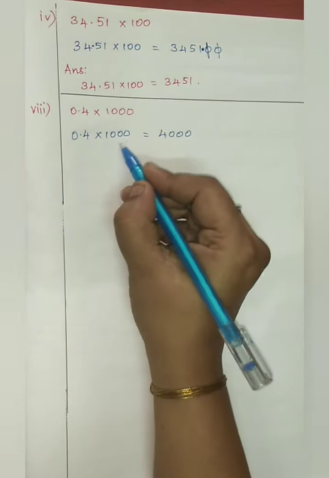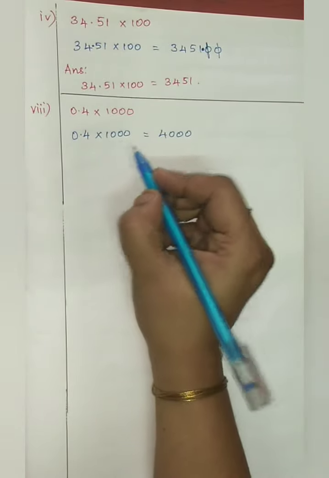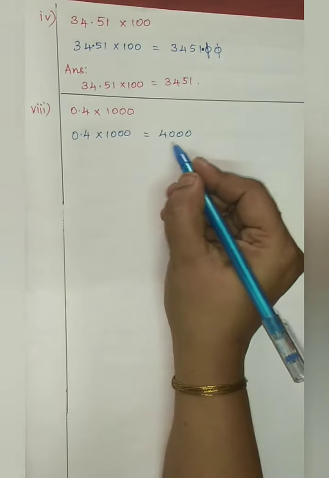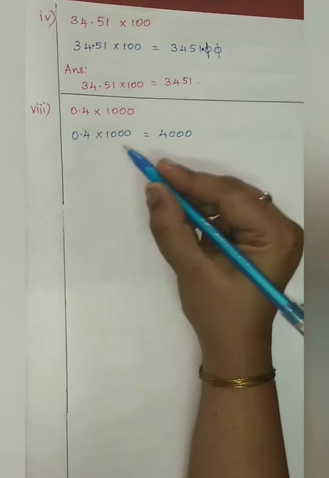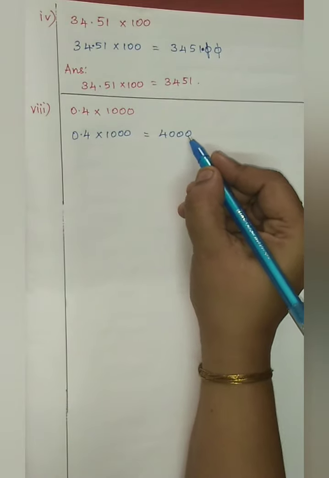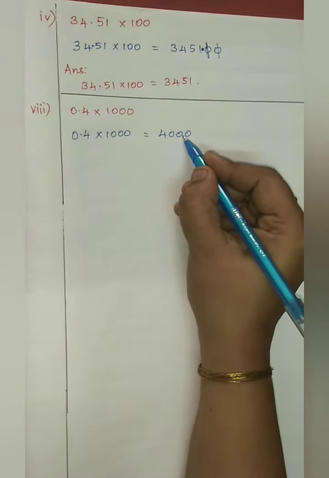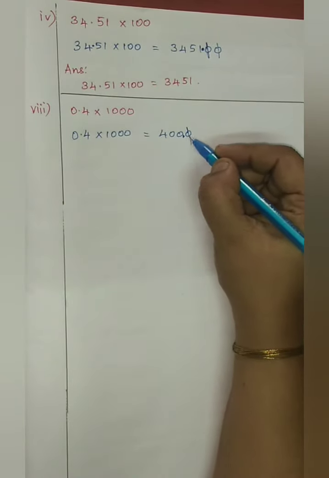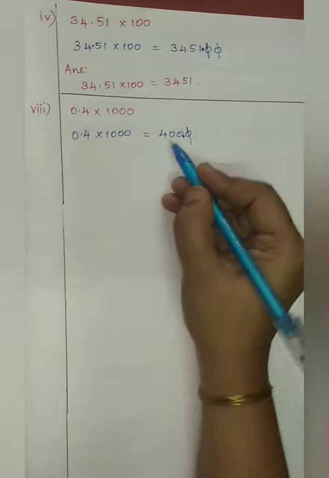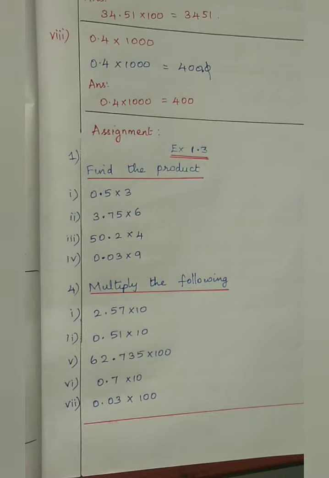The second number doesn't have any decimal place, it's a whole number. So in the product you must have 1 decimal place. So where to keep the decimal point? Between this 0 and this 0. And this 0 has no value since it comes after the decimal point. So the answer is 400.